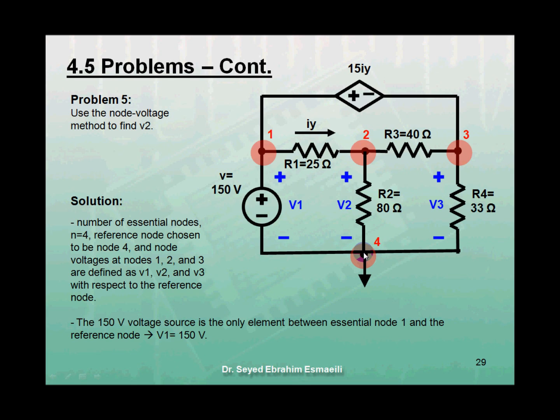Node voltages at nodes 1, 2, and 3 are defined as V1, V2, and V3 with respect to the reference node. We notice that the 150 volt source is the only element between essential node 1 and the reference node, from which V1 is restricted to be equal to 150 volts.